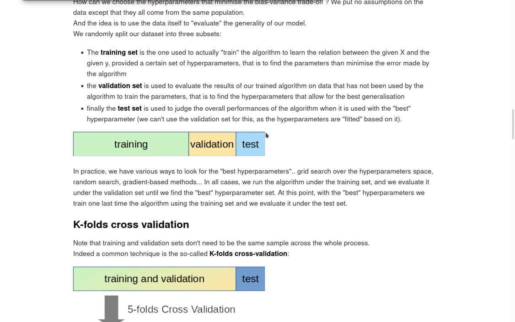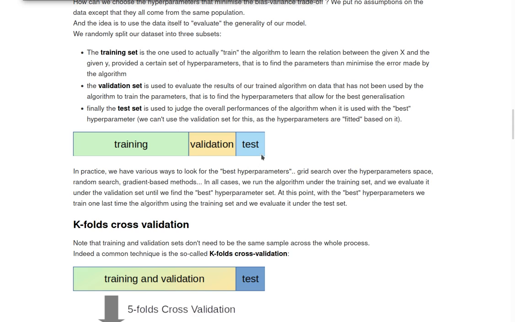Why do we do this? Because again, these hyperparameters are conditional to the data that we use in the validation set. So if we use this validation set to judge how good our algorithm is, we risk overestimating how good our algorithm is.